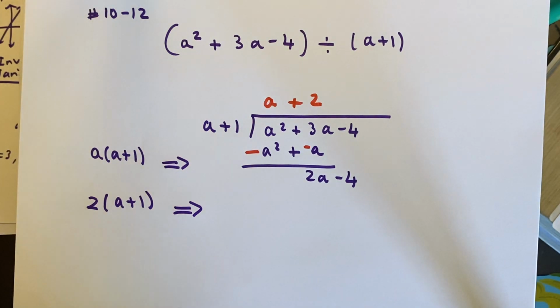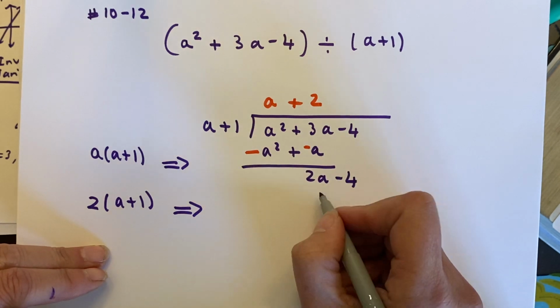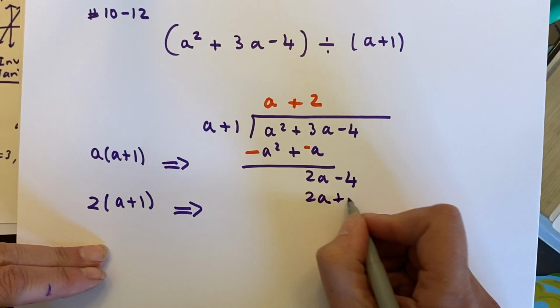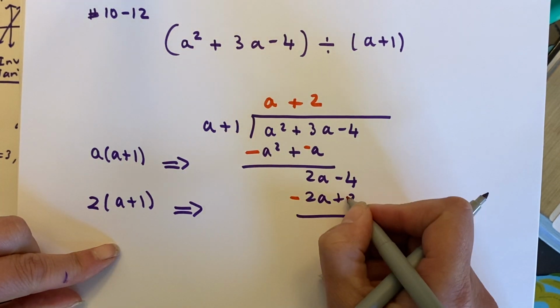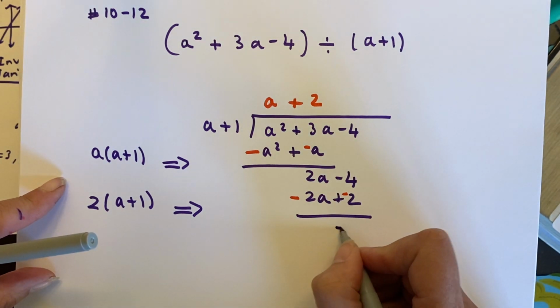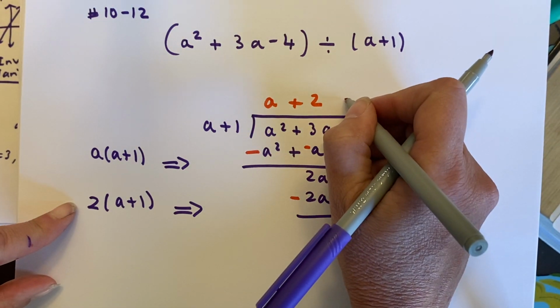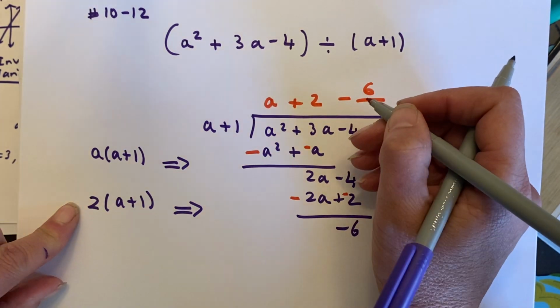When I do that, I'm going to get 2 times a is 2a, and 2 times 1 is 2. Sorry for my dryer. We're going to change the signs because we're subtracting, and we end up with a remainder of minus 6. Well, that remainder ends up being put up here with my answer, so I get minus 6 over a plus 1.